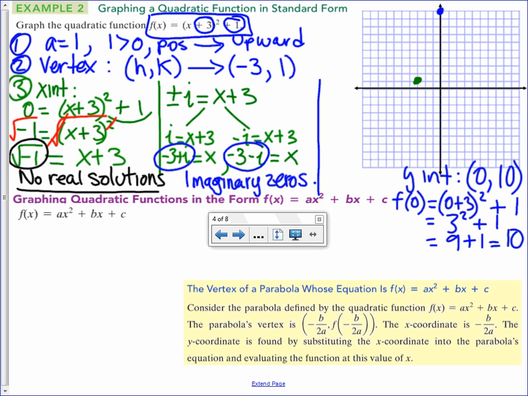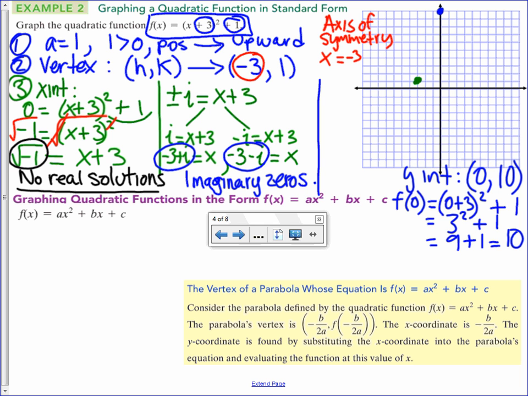Now, what if I ask you, what is the axis of symmetry here? So it is a vertical line, right? So we know it's x equals a number, and where do we get that number from? The vertex. The x-coordinate or the y-coordinate? The x-coordinate. So x equals negative 3.